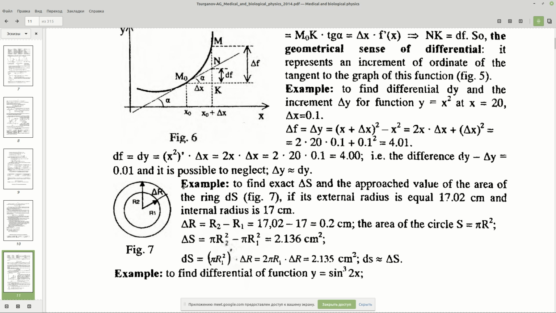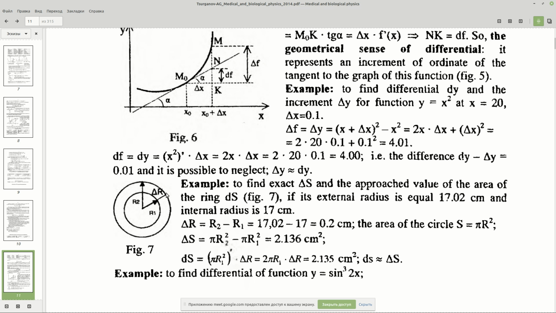The area of the circle will be pi R squared, but we have to find the area of the ring, dS.